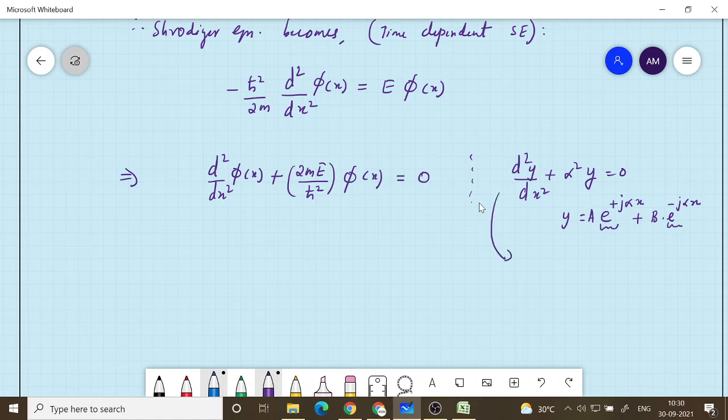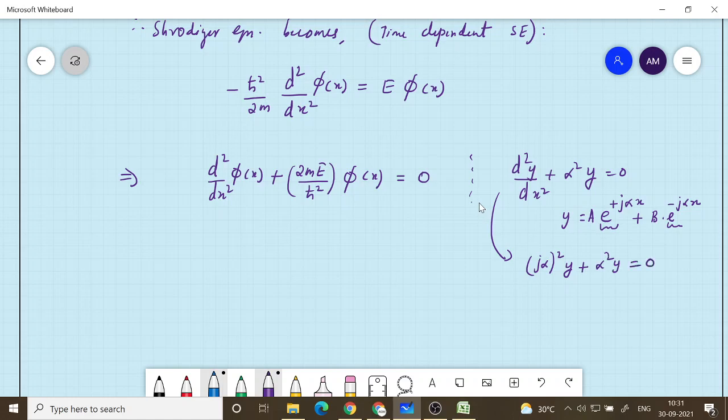If I substitute the first solution and take the double derivative, what will I get? j alpha will be multiplied 2 times, so j alpha the whole square into y. That's what I will get, because the exponential does not change its form, only j alpha is multiplied, plus alpha square y.